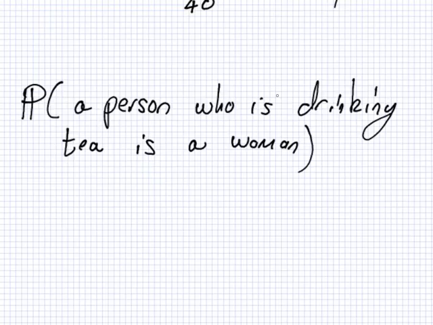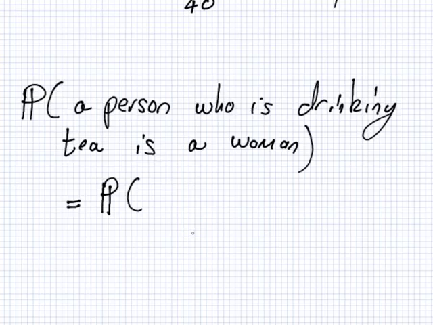Okay, so first thing to do is just to write it in a more compact form. So what do I have here? Probability of, which is first, female or T? Okay, so the person who is drinking tea is a woman.